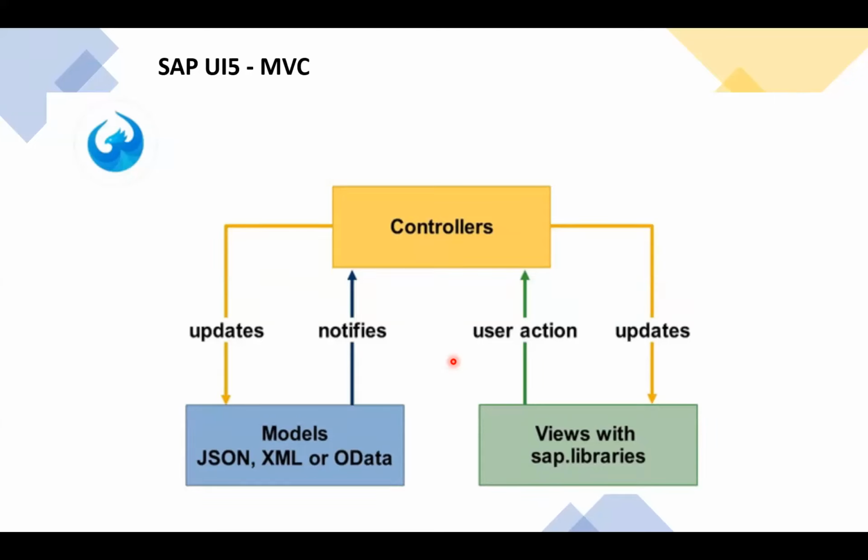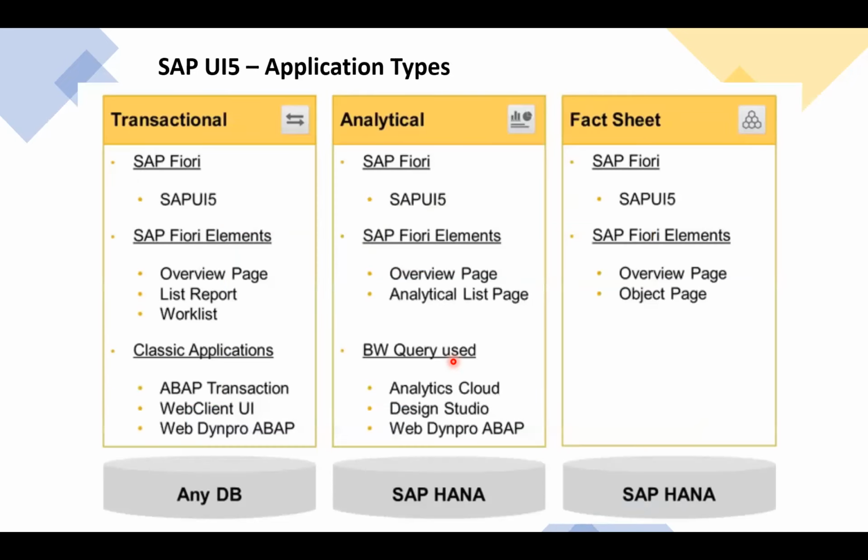But after this, we will have some basic understanding. So this follows the MVC architecture: this comes under view, this comes under model, and this is the controller which we need to consider like that.